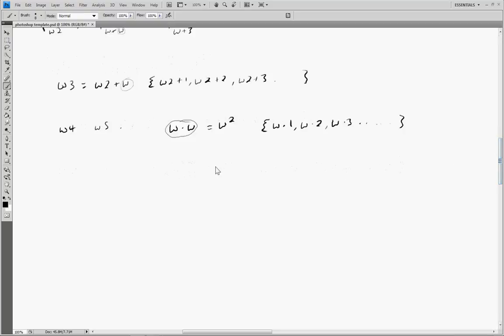So if we were to plug this into the fast-growing hierarchy, omega squared, we would break this apart into omega times omega. And we can diagonalize this one directly. We have a free omega on the right-hand side, so this turns into f omega 3.